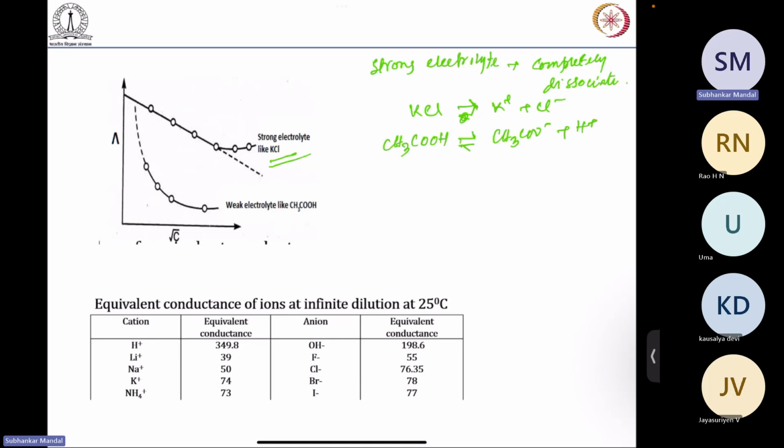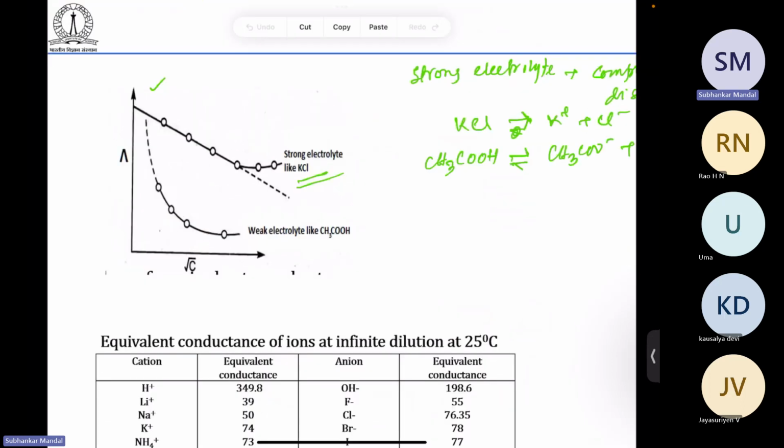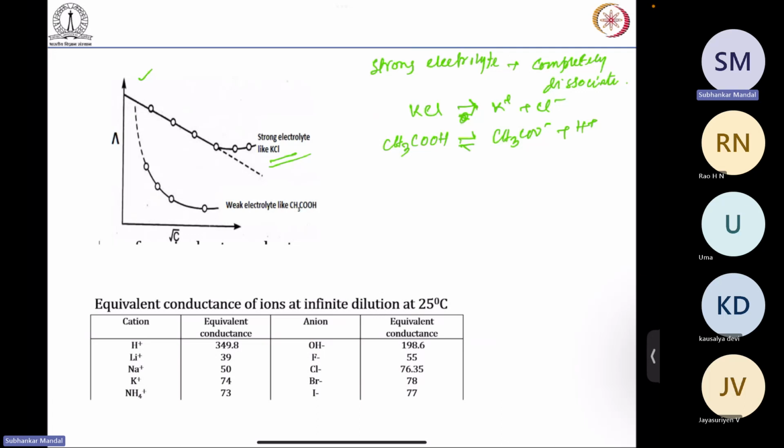Now we will get this kind of graph. But the question is, why in the case of a strong electrolyte is it increasing linearly, and in the case of a weak electrolyte, as the concentration decreases, it is initially slowly increasing and after that rapidly increasing?